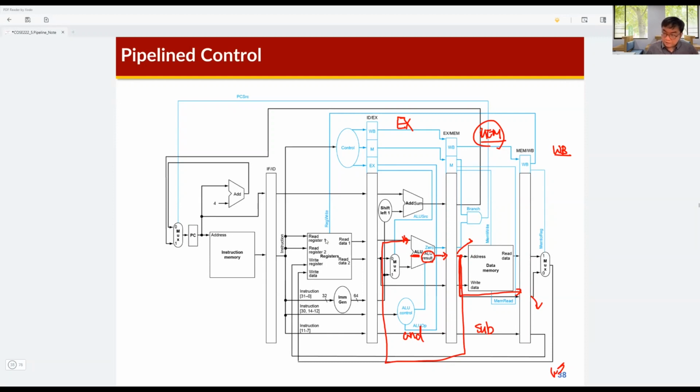That means the RD, the destination register number of the sub instruction, is here, and RS1 is here, RS2 is here. So actually this is also propagated to this EX stage. So we need to check the RS1 and or RS2 of the AND instruction.